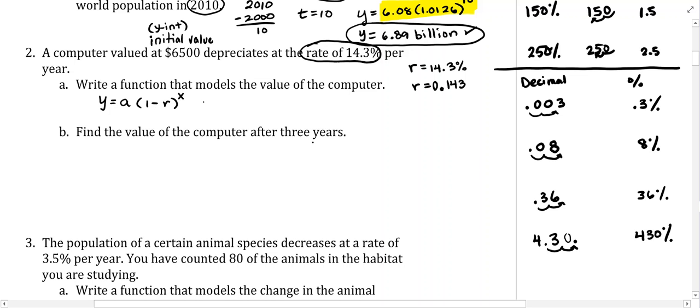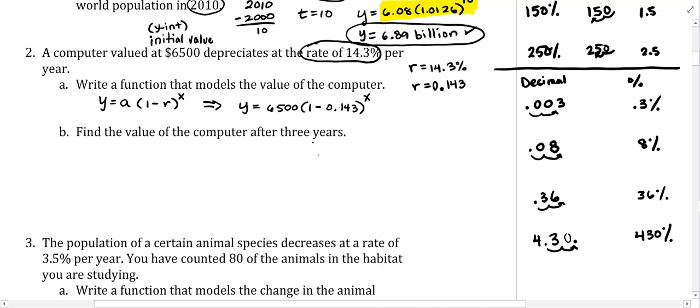We can leave it as 1 minus r. So then it'll be y equals 6,500 times 1 minus 0.143. I'll leave it as x. But technically it should be time, because it's per year. So x represents years, or t represents years.